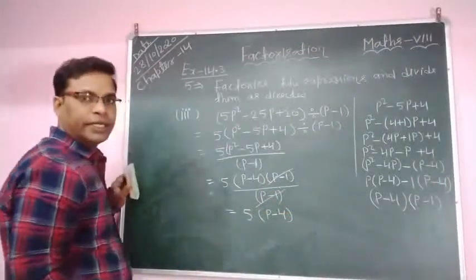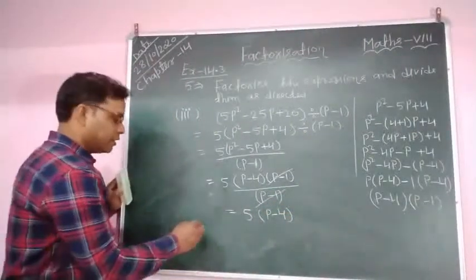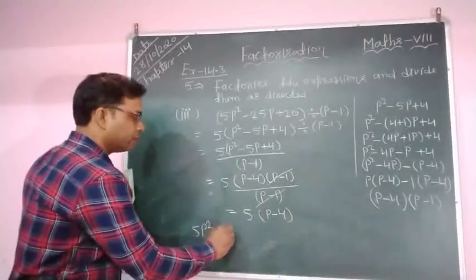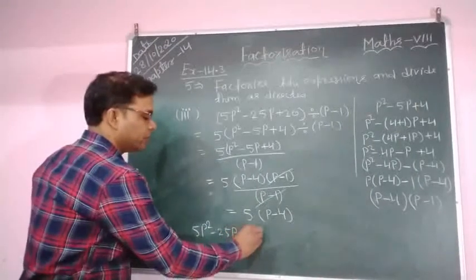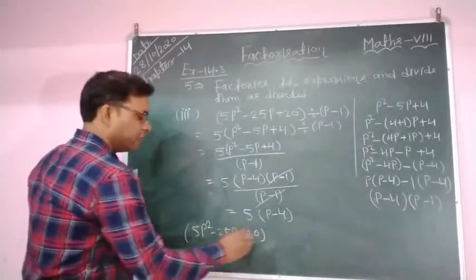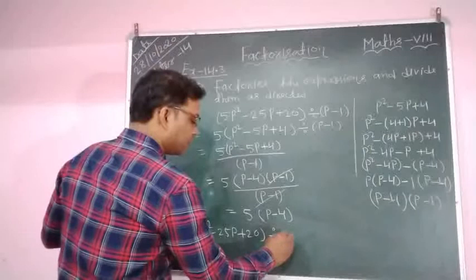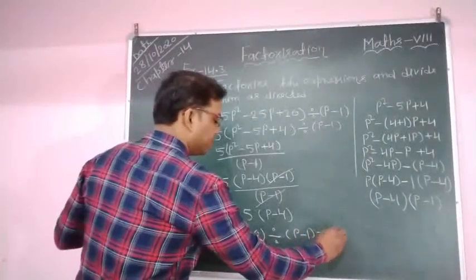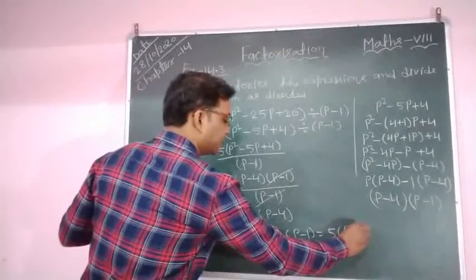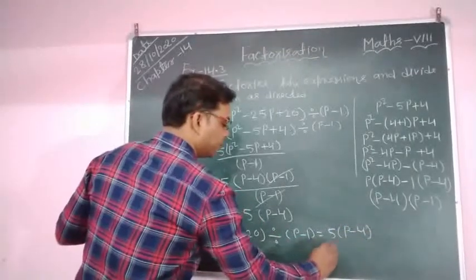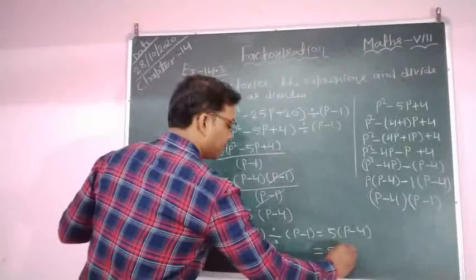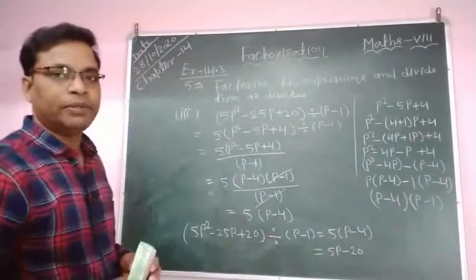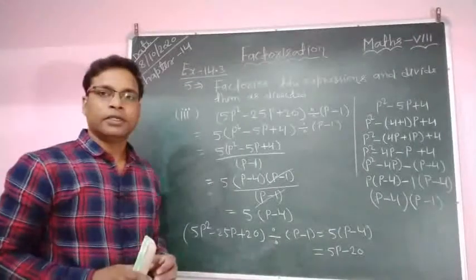So we can write here that 5p square minus 25p plus 20, if divided by p minus 1, this is equal to 5 into p minus 4, this is equal to 5p minus 20. This is clear? 5p minus 20.